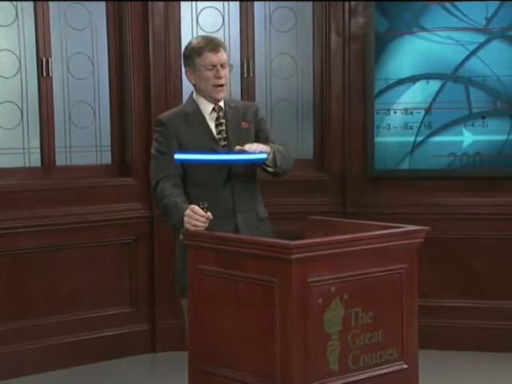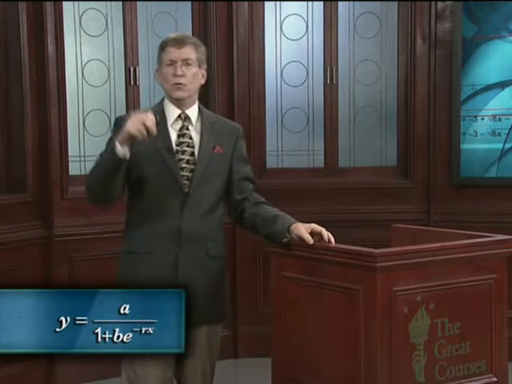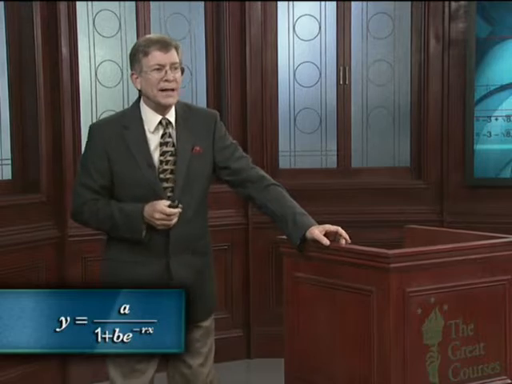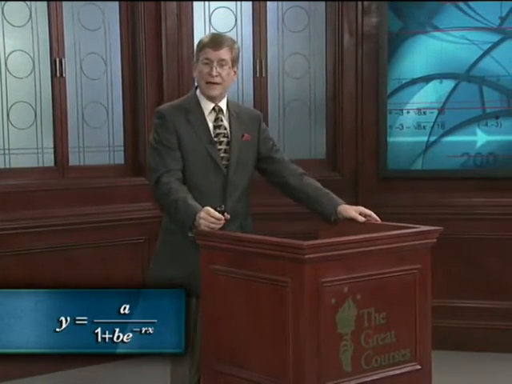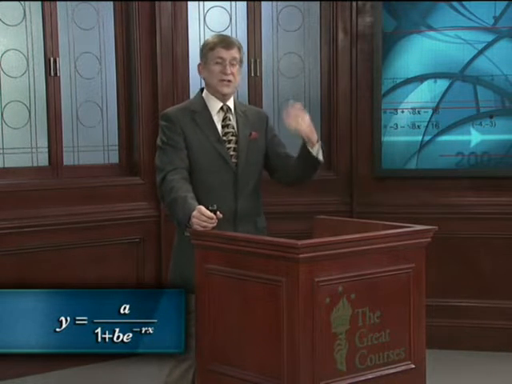So these patterns have a low rate, and then it grows real quickly, and then it kind of levels off again. And the function that describes this behavior is, again, not so pleasant, but it's of the following form. Y equals A divided by 1 plus B e to the minus R x power. So it's a function of that form, and A, B, and R depend on the data.